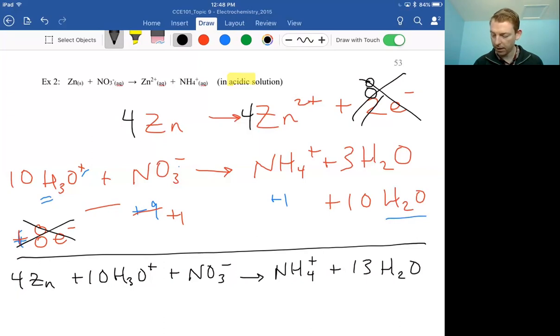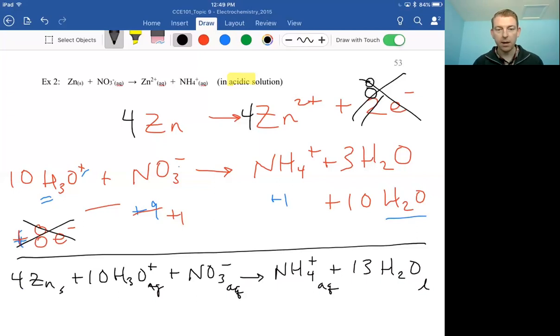Okay, and we would put through, of course, all of the little subscripts for the states, aqueous, and we're done. That's the final balanced reaction, okay?